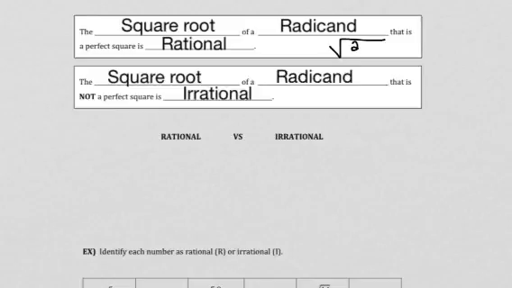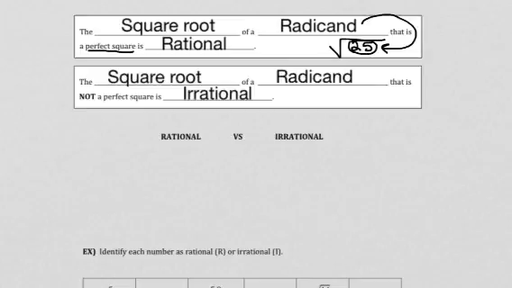So let's say we have the square root of 25. The radicand is 25. So since 25 is a perfect square, the square root of 25 is rational. So a rational number occurs when we try to take the square root of a perfect square.